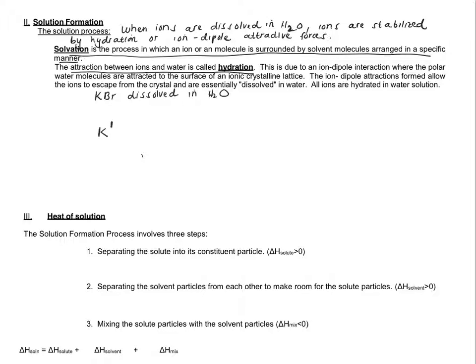So if we look at potassium ion, it's going to be surrounded by the electronegative oxygen of water.